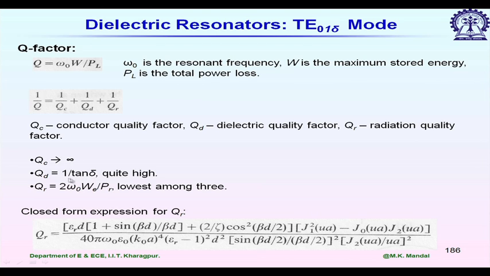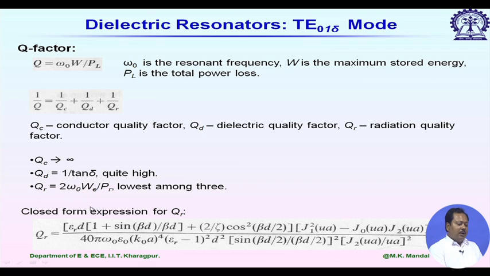So, it is a property of the material, and by choosing a dielectric material which has very low dielectric loss, it can be made very high. And QR is approximately twice omega naught into We by PR. So, it is the lowest among these three. So, mainly the loss term we will be facing is due to radiation.